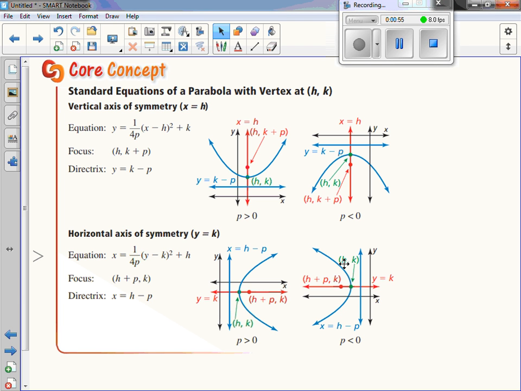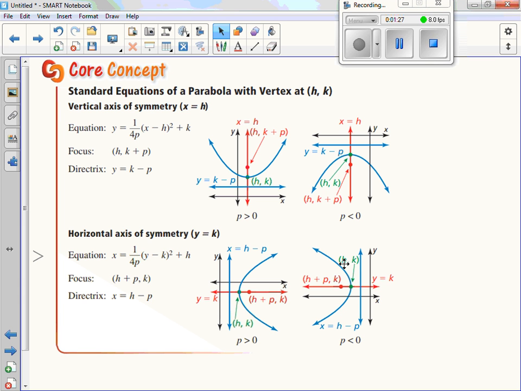The focus is going to be h comma k plus p. The directrix for this here is y equals k minus p. And the axis of symmetry for this here is x is equal to h, and the vertex is h comma k. Our vertex is always going to be h comma k.